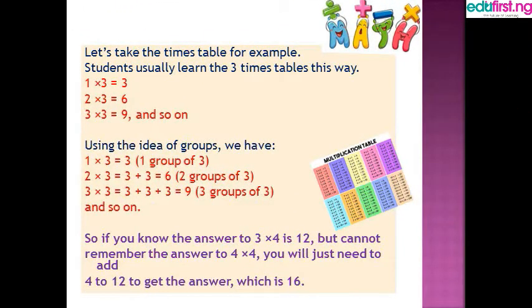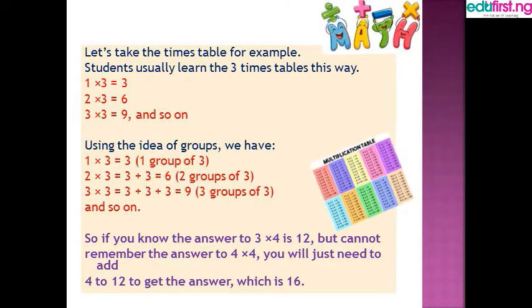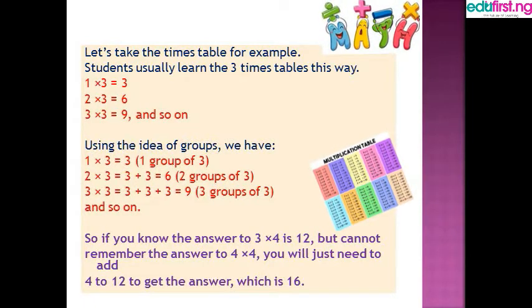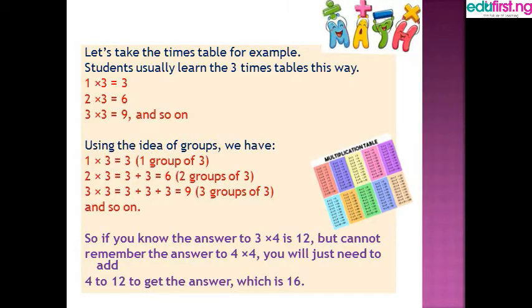Let's take the times table for example. Students usually learn the 3 times table this way. 1 times 3 equals 3, 2 times 3 equals 6, 3 times 3 equals 9, and so on. Using the idea of groups, we have 1 times 3 means that 3 will have to appear once.